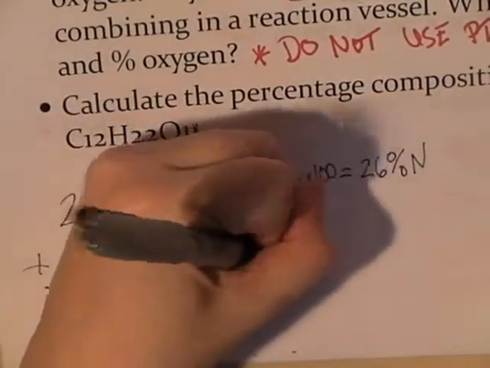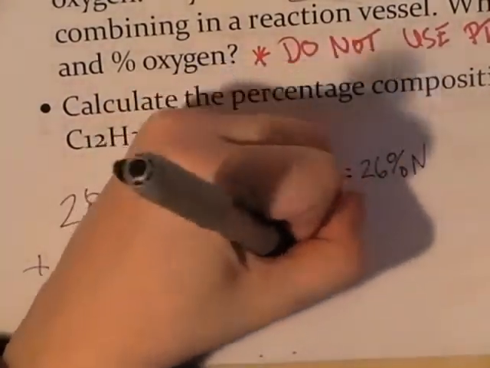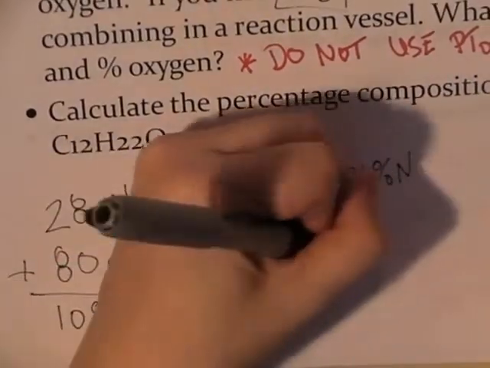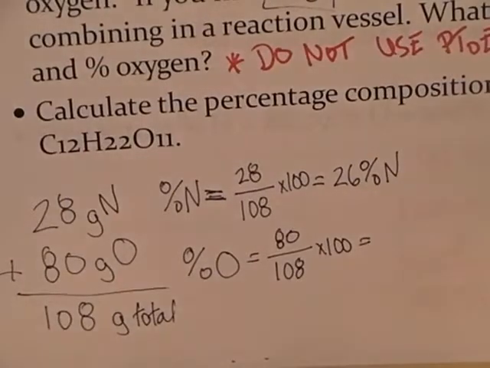All right. Next one, percent oxygen. Do the same thing. It's 80 grams of oxygen divided by 108 grams total times 100. So if we do that math, 80 divided by 108 times 100. This is what my calculator tells me.